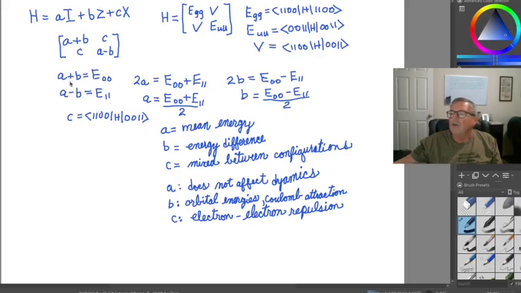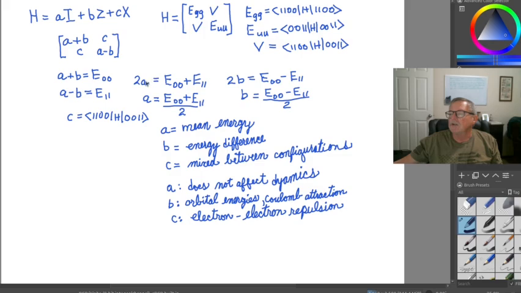A plus B equals E00, or EGG, and A minus B equals E sub 11, which is EUU. Solving for A, we add these two equations together and we get 2A equals E00 plus E11.